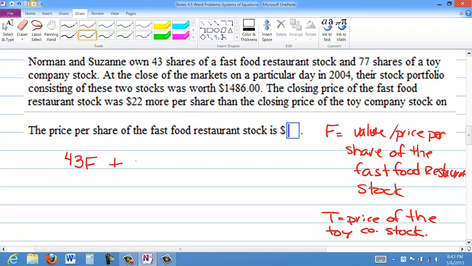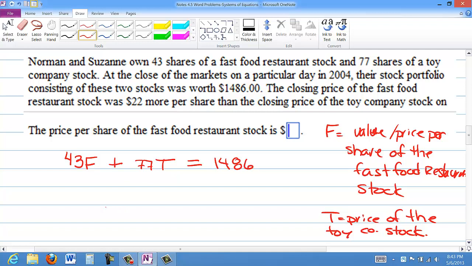Let's take the other one, 77 shares times the price per share of the toy company. So we have 43 times F plus 77 times T. The value of both stocks is going to equal the total value of 1486.